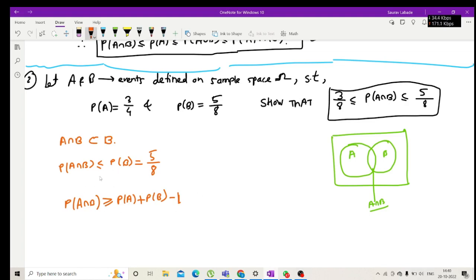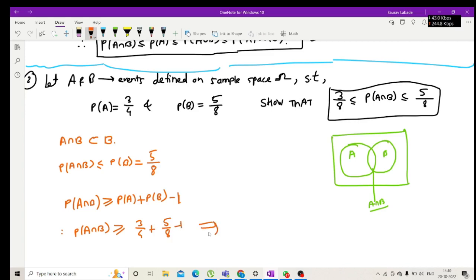And from this we will get probability of A intersection B. Just substitute the values. What is probability of A? It is 3 by 4. Probability of B is 5 by 8, minus 1.